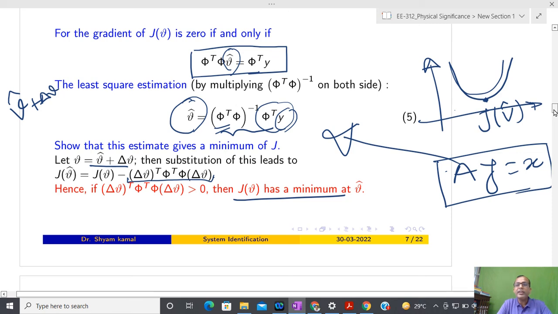Now in the next class I will tell you under which condition I have a unique solution or not a unique solution. From here you are easily able to guess that if the number of observations is very large, then whatever v cap I get will be more exact. So in this way also we are basically doing the modeling.